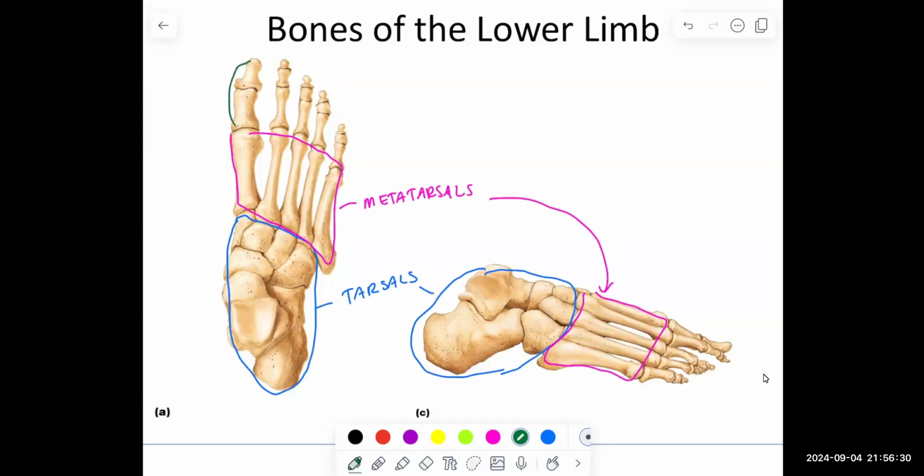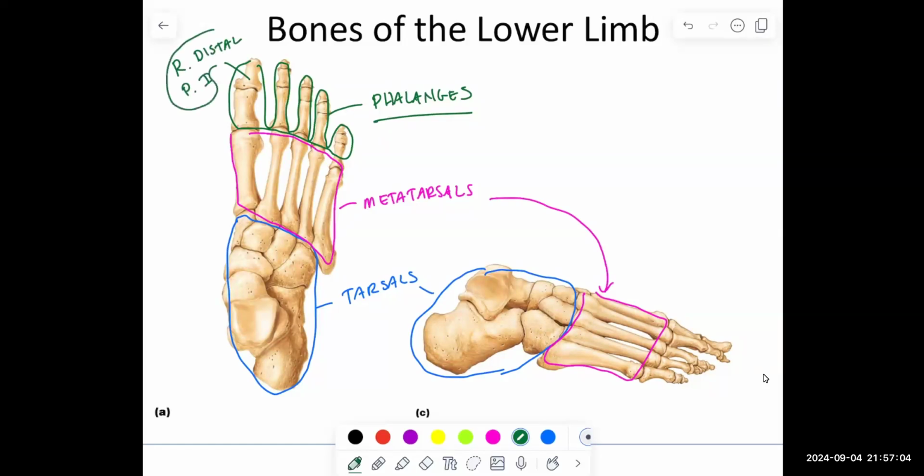And what are the toesies called? They're not called toesies. Don't call them toesies. You can tell anatomists got lazy when they were naming these. Do you know why it's really bad? Because someone is going to put a stent on the right distal phalanx 1 on the toe when they meant this one.